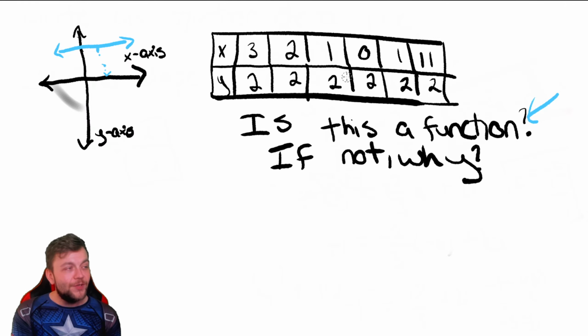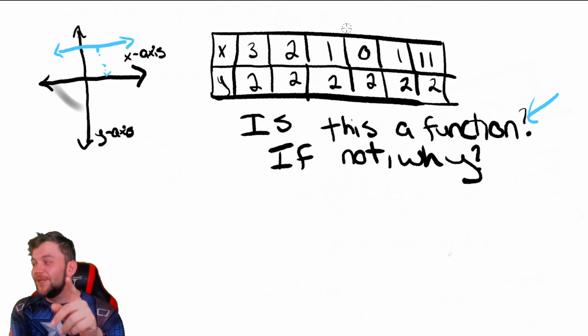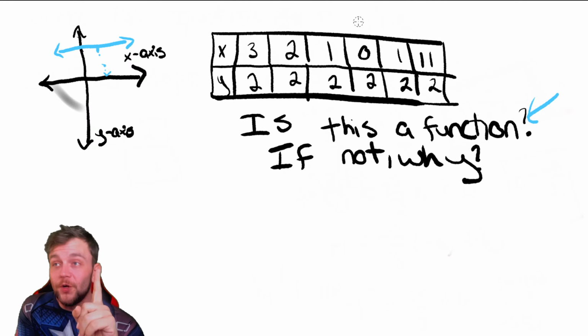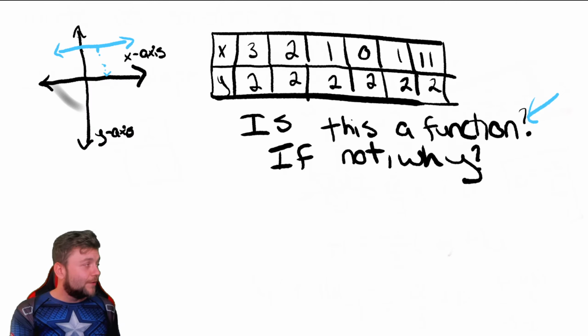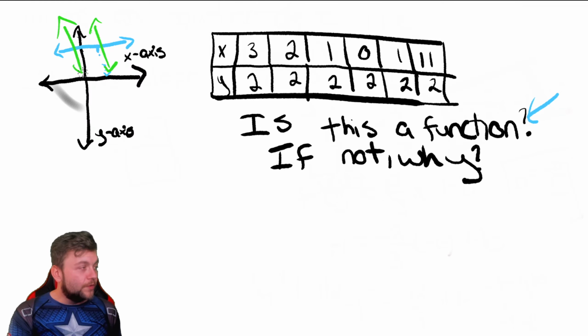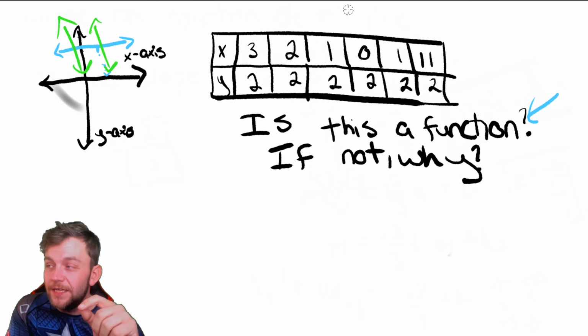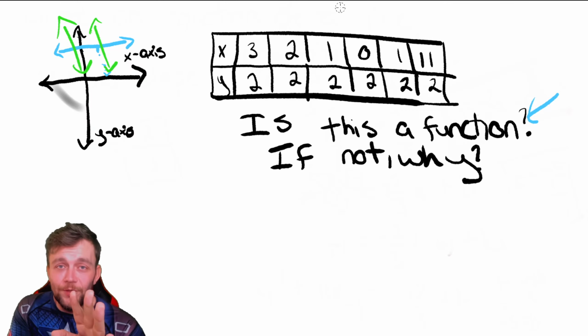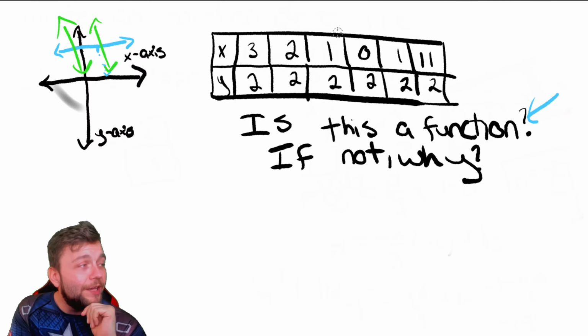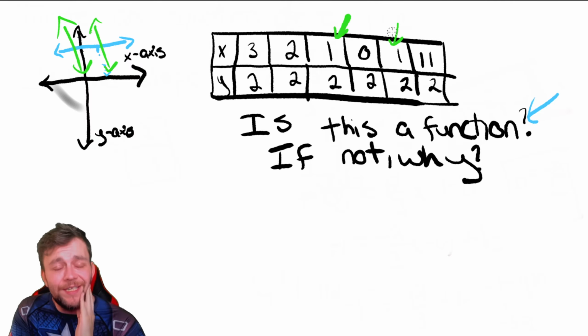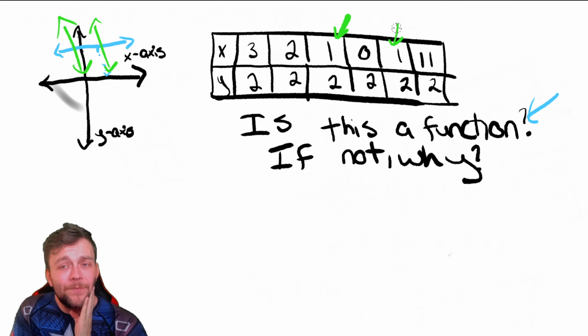So, remember, the vertical line test is what you want to do, right? If I draw vertical lines through this, I know I'm a little bit slanted. I did purposefully trick you a little bit. I'm sorry, Export, but this is just one point. This is the exact point, but I listed it twice, right?